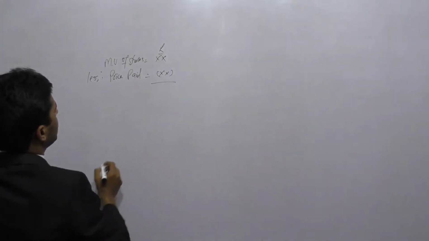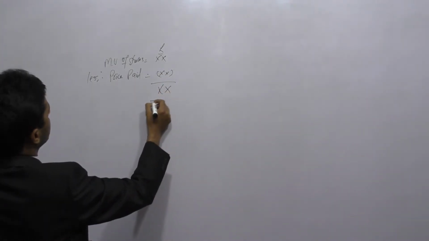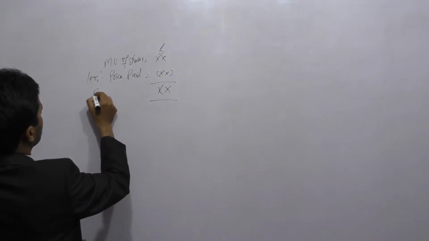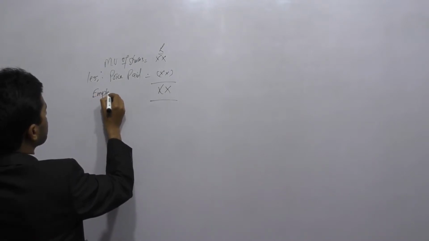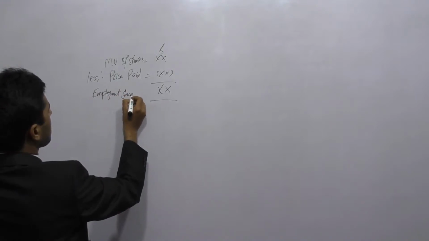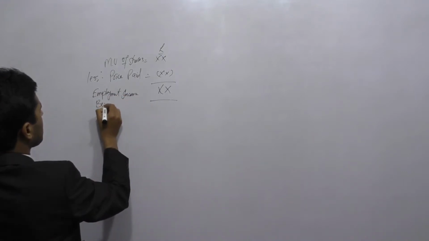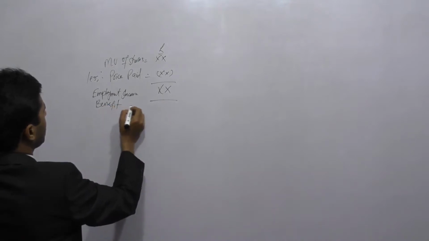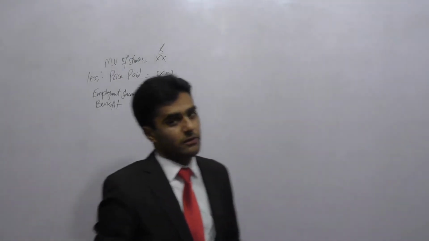Price paid by employee will be deducted, and this figure is going to be our employment income benefit. That is our employment income benefit, and it will be taxable as well.